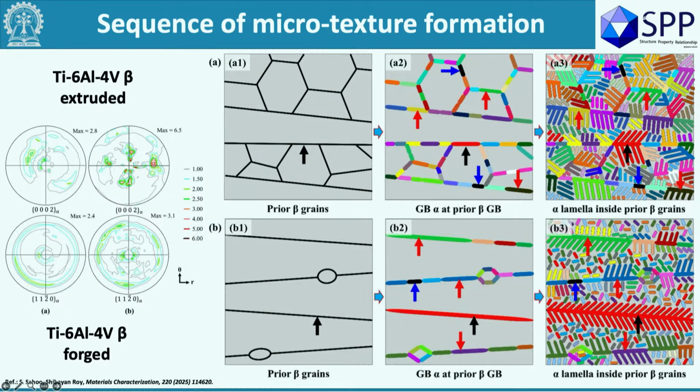Whatever I told you till now is only valid when there is equilibrium or very slow cooling. This is only valid for lamellar structure. You deviate from it a little bit, your story changes, the entire thing changes. This is one work where we did nothing.